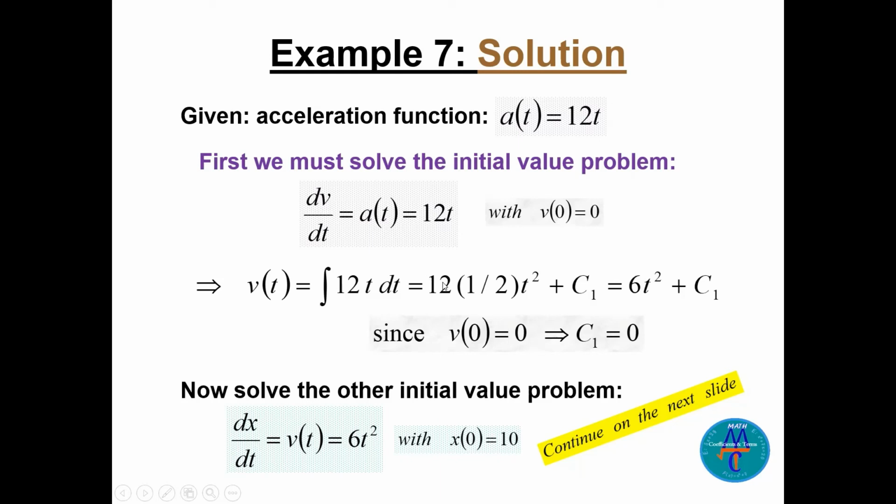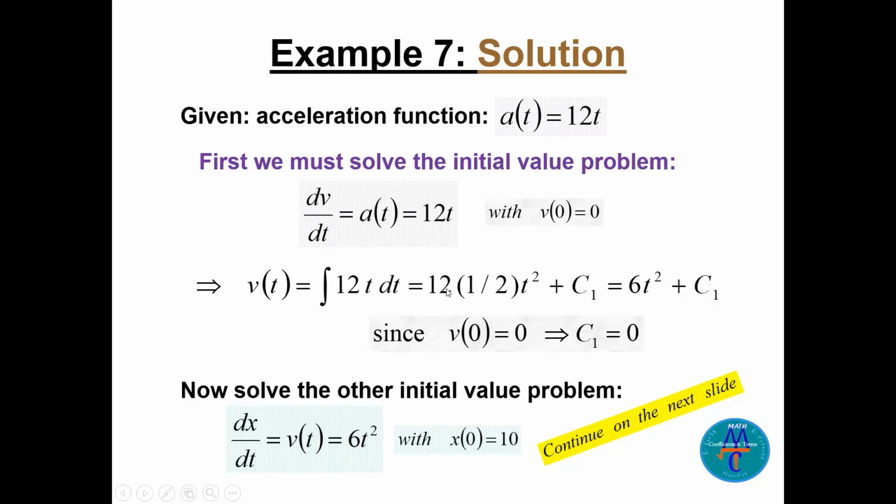So 12 is a constant. Integrate t, it will be half t squared plus capital C sub 1. So this is a constant. You can say k, or you can say only capital C. It's up to you. C sub 1, because we have another constant in the same question.